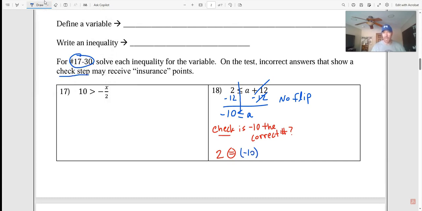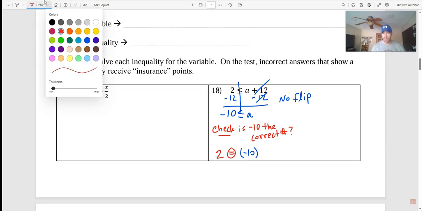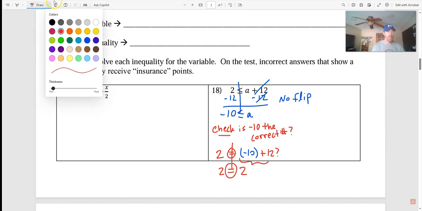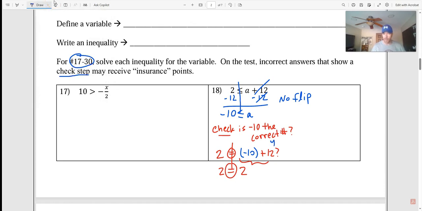And then we're supposed to add to that 12. So let's see, is that true? Are they equal? And we can see pretty quickly that yes, 2, grab your calculator if you need it, negative 10 plus 12 does give you a 2. So they are equal. So this is the correct number. Negative 10 is the correct number. Yes, because of that.